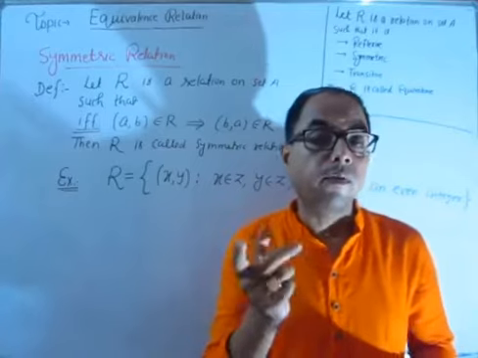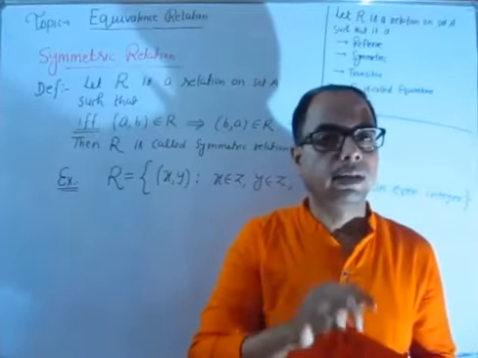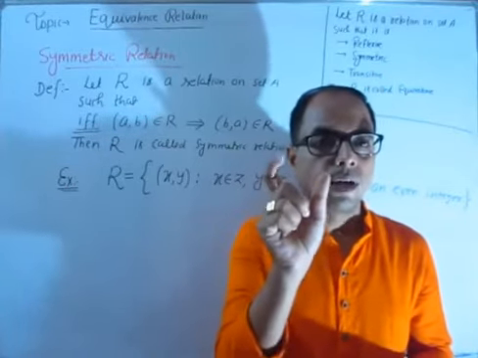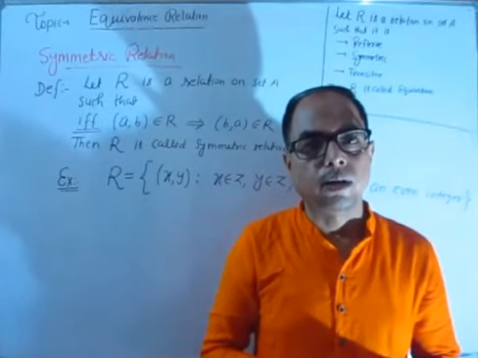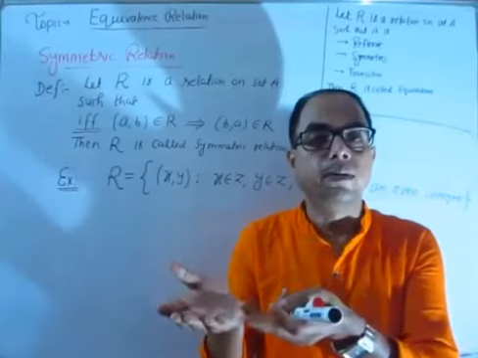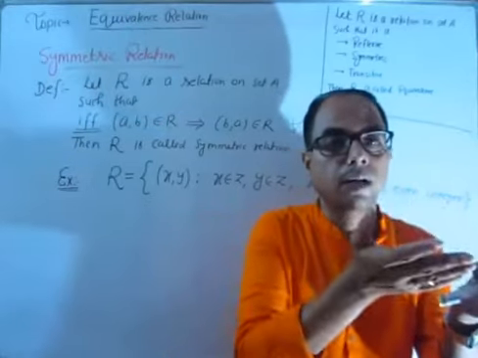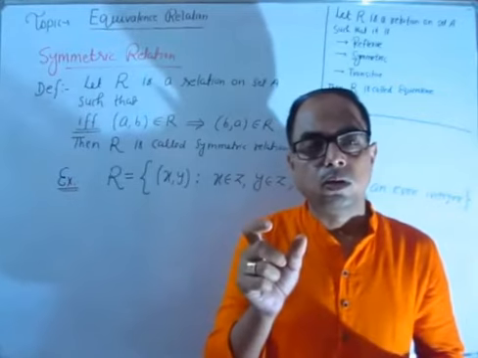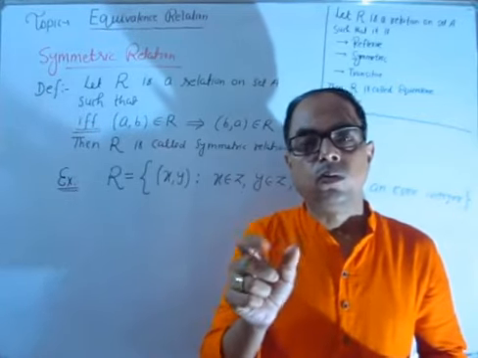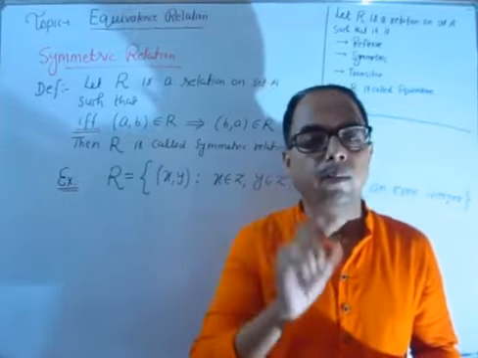But if you have to prove a symmetric relation, then by one example you cannot claim that it is symmetric. It may be possible that one example satisfies symmetricity, but another example will not satisfy the condition. So this is not a good idea to prove symmetricity by giving one example.